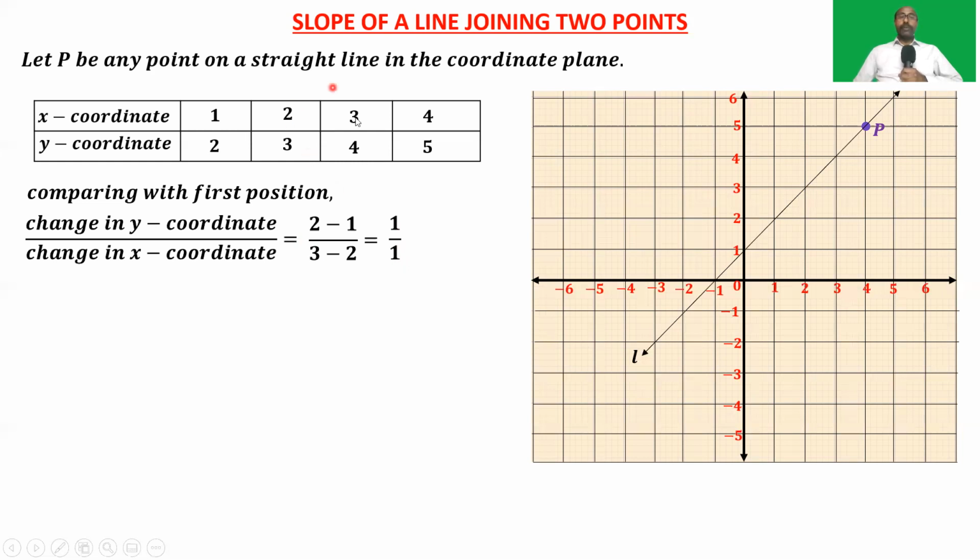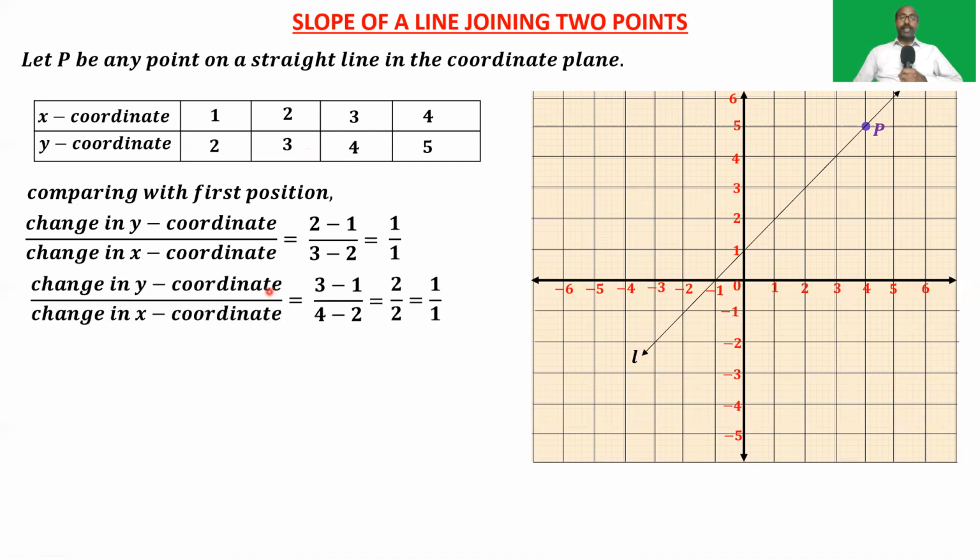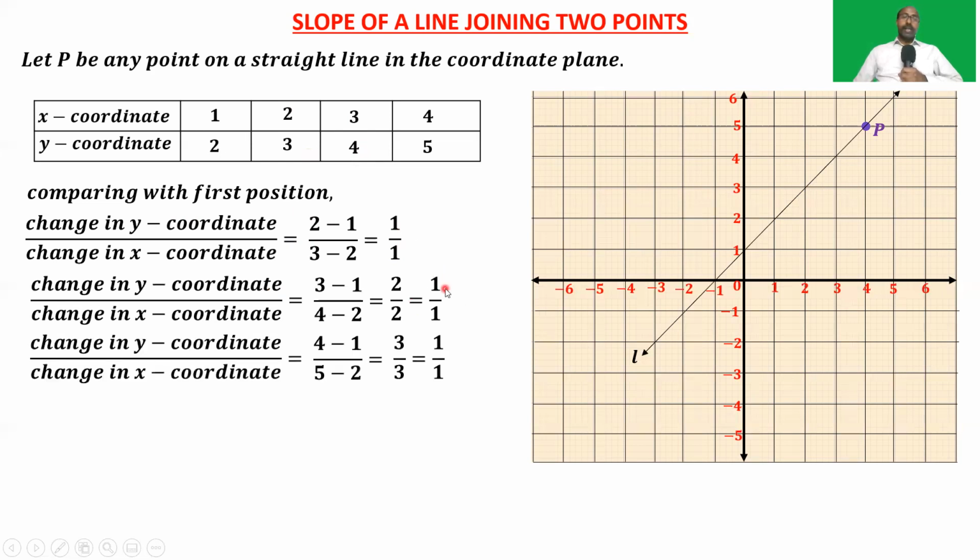After P is moving to 3, 4, then comparing with the first position, the ratio of change in y and change in x is again equal to 1 by 1. And after moving to 4, 5 also, the ratio is 1:1.